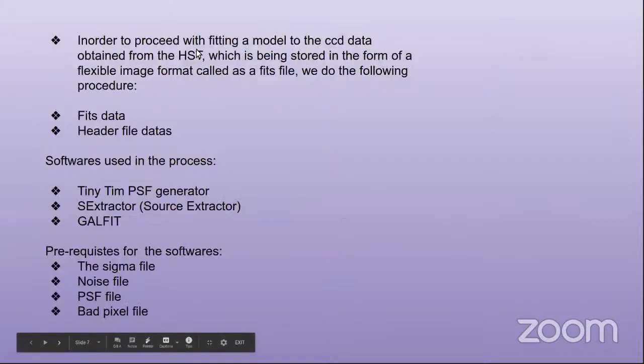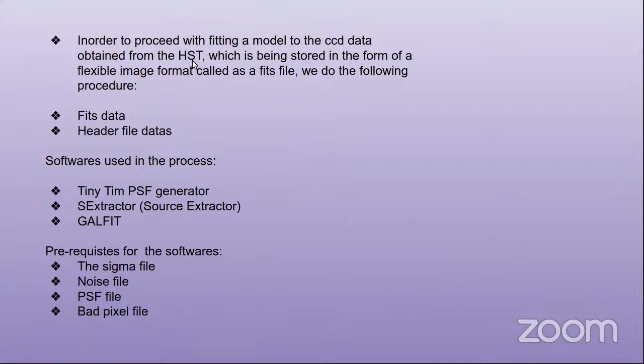And in order to fit this file, what we need is the data file, and we want the data in the form of a FITS, because FITS has a facility called the header. In the header we have all the information about the data: the exposure time, the RA and Dec values, and every detail about the instrument and the telescope.